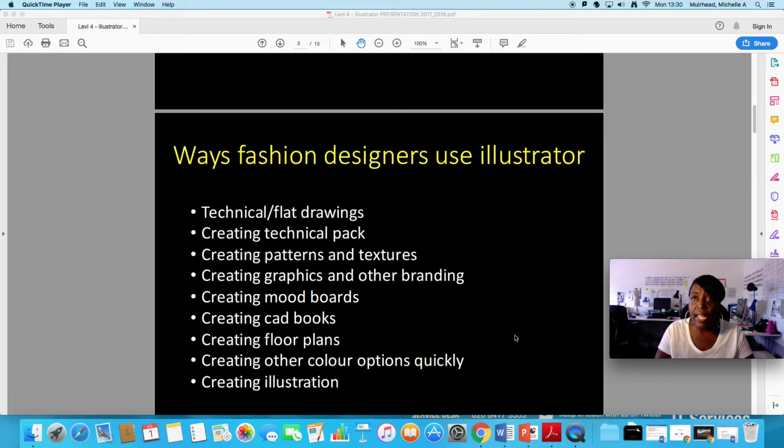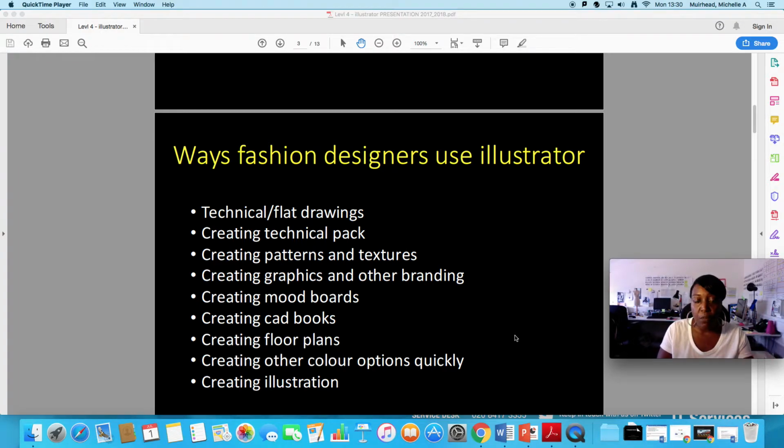Now, a technical pack is basically a document that has your drawings, it has all your design details, it tells someone how to construct your garment from start to finish. So it's like a plan or a GPS almost, getting from A to B, from your design idea to your physical 3D garment.